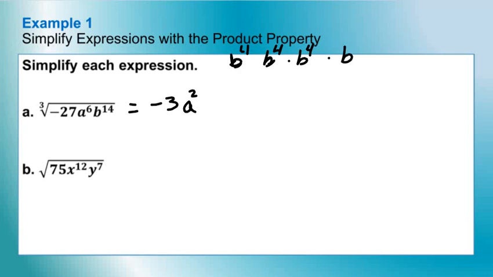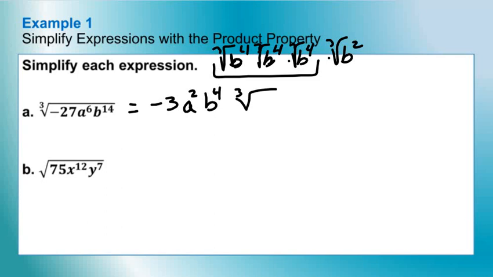And then we'd have b to the second left over. These would all be cube roots. So when I multiply the cube root of b to the fourth by itself 3 times, that gives me b to the 12th. All I have left is the cube root of b squared. Now this exponent is smaller than the index, so that is okay. So this would be my final answer.